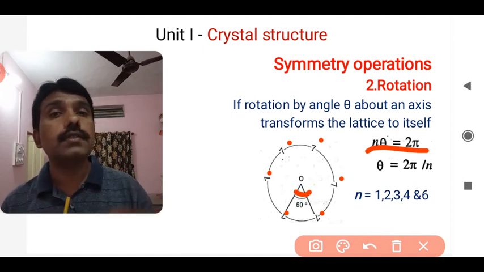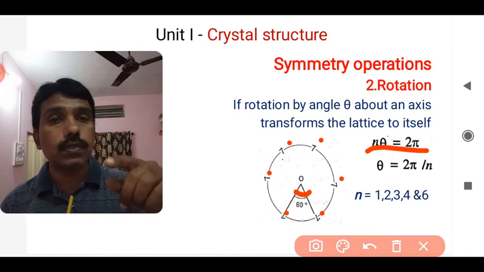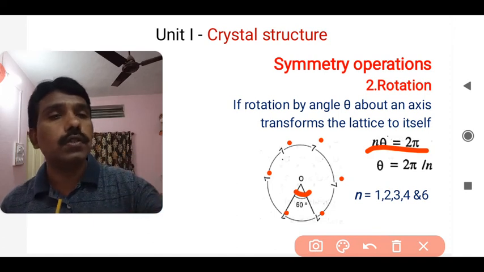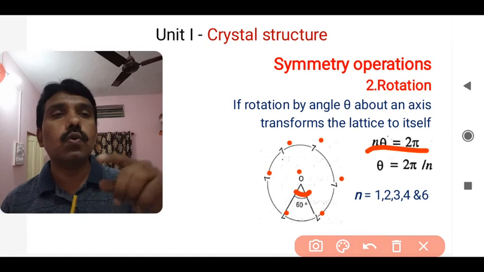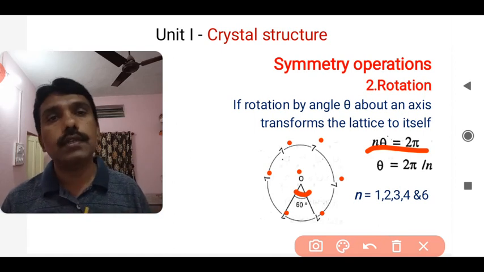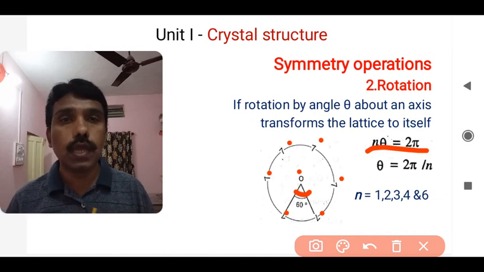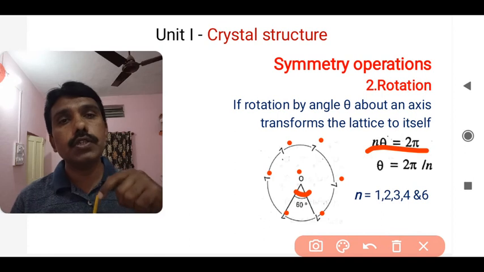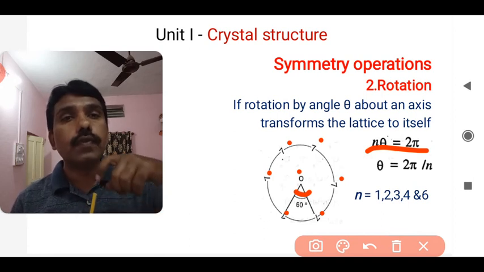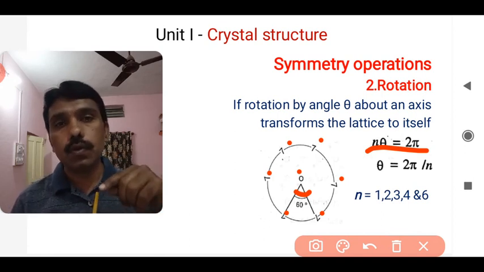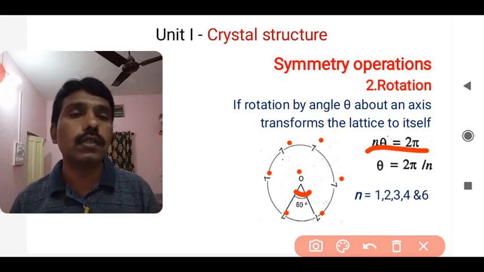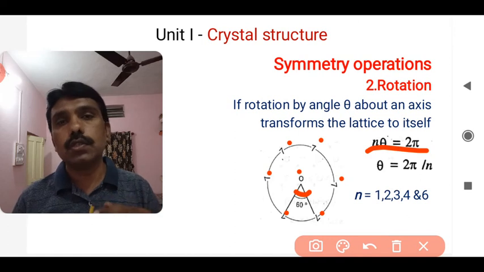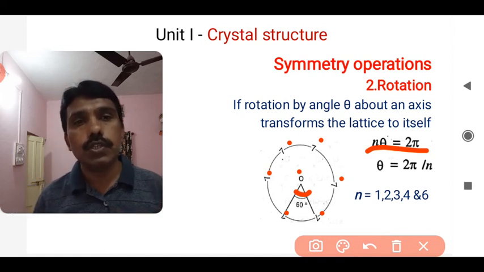And n becomes 6, which means 6 folds of operations surrounding this point O, and that is what the n-fold operation is, nothing but 6. That means n represents how many folds of operations are present in that symmetry. Whatever the rotation symmetry operation is, that amount of angle rotates surrounding that particular point, and such an operation is the rotation symmetry.